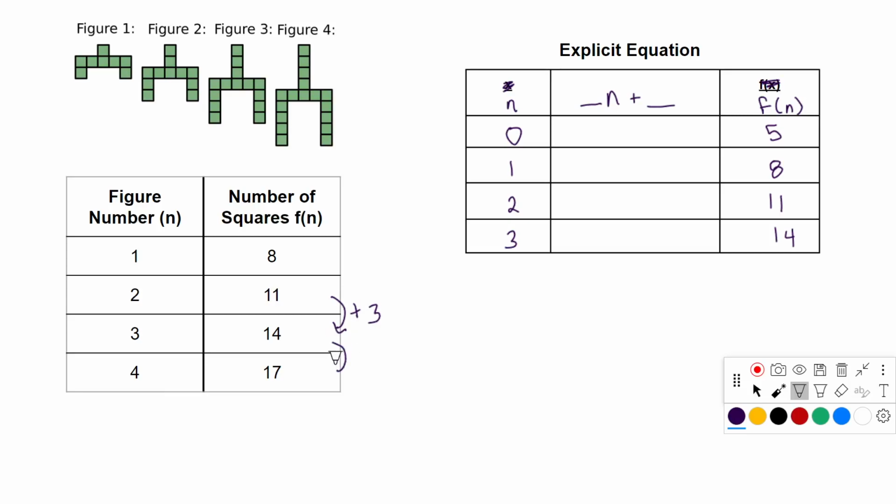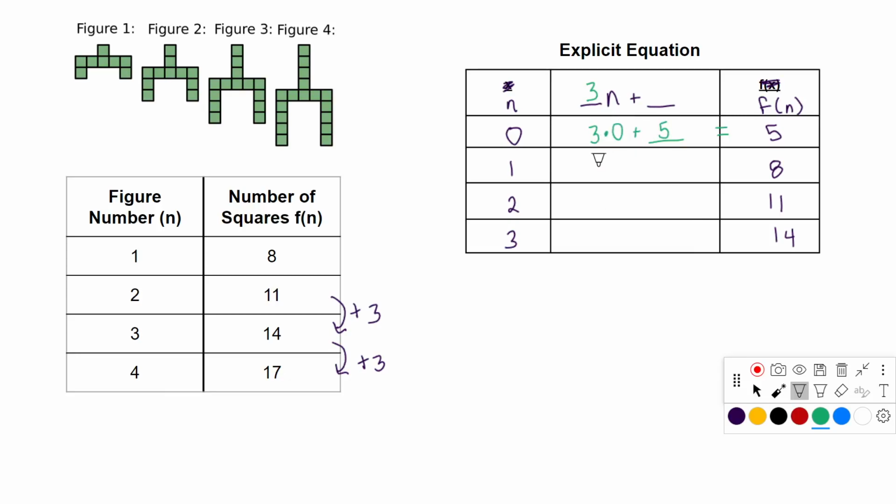It increased 3 each time. So I'm going to have a 3n. Well, if I take 3 times 0, what would I have to add to it to equal 5? Well, I would have to add 5, because 3 times 0 is 0.